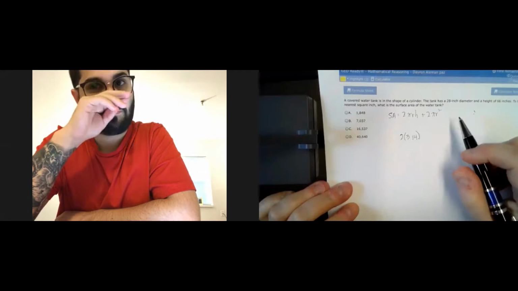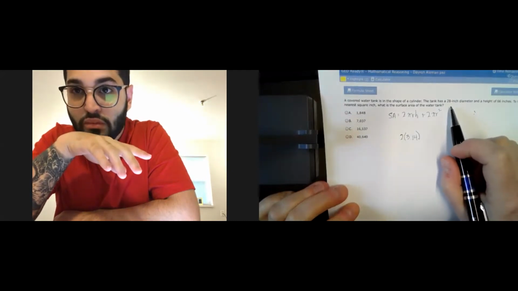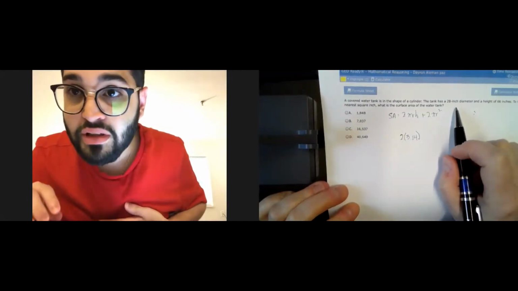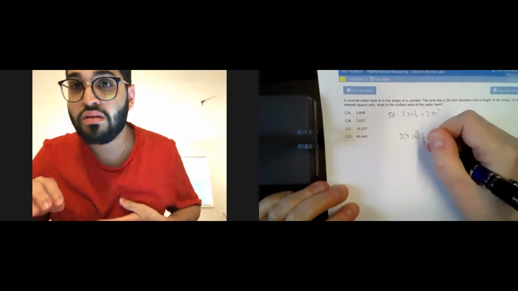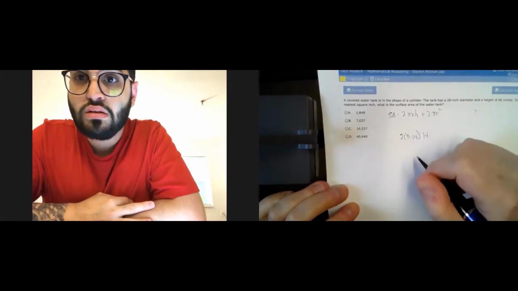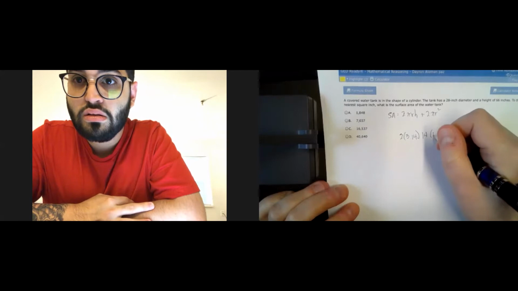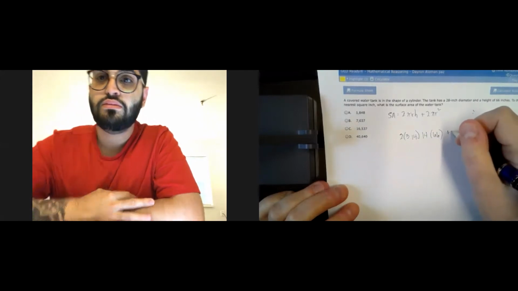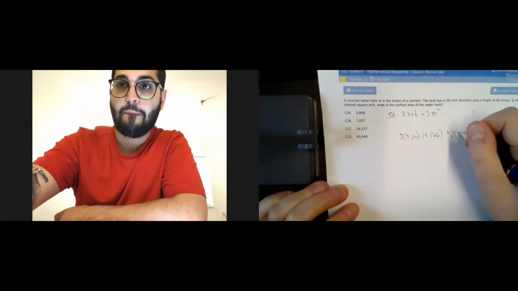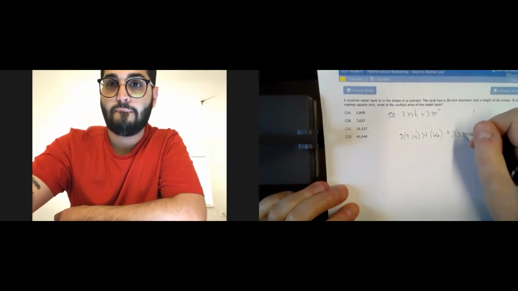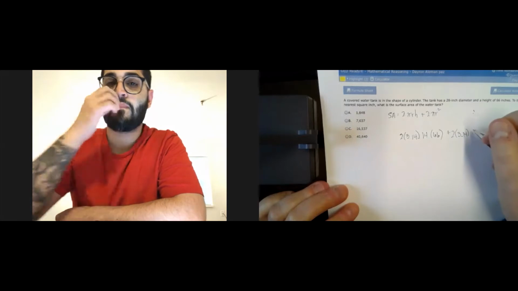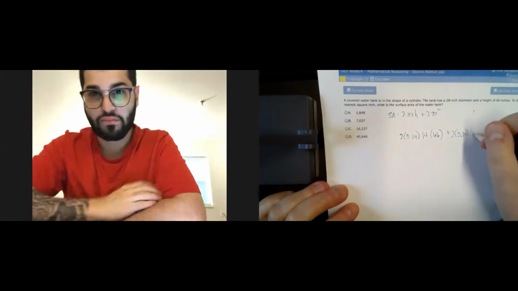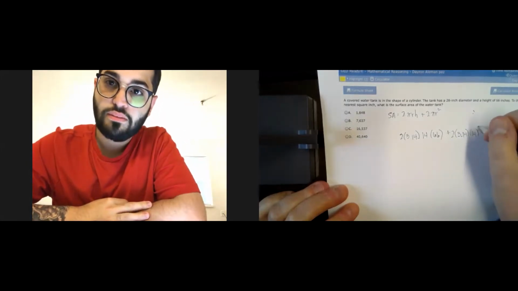What's the radius going to be? 14. Yes. 14, and then the height is 66. Plus 2 again times pi 14. That's a long one, isn't it?